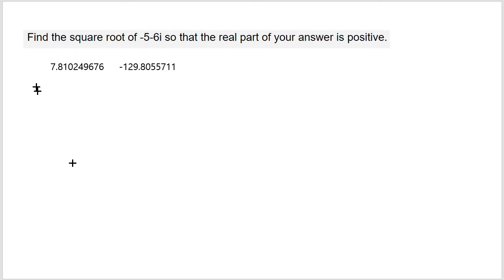We know that negative 5 minus 6i in polar form has an r value being this and the angle being negative 129.80-something degrees.